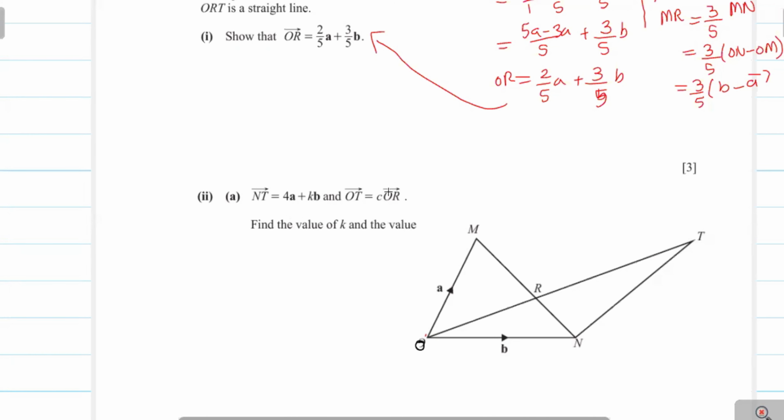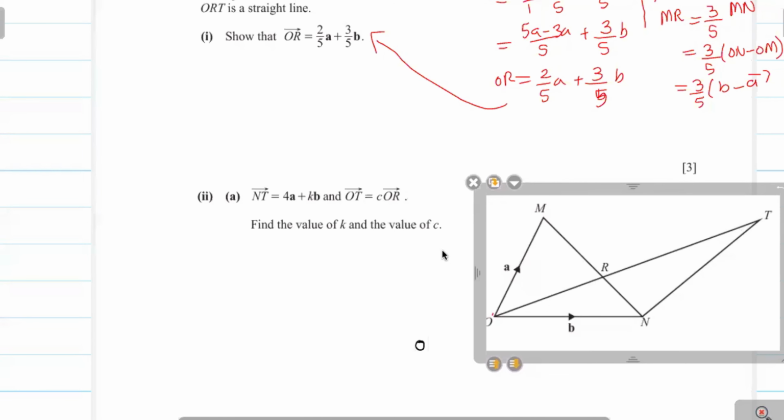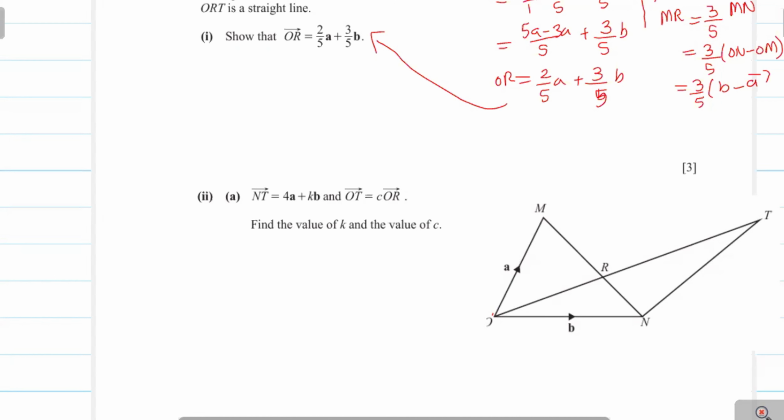And the next part of this question, part second, part A. NT equal to 4a plus kb, OT equal to cOR. Find the value of k and the value of c. You see here, this is the figure. The OT here is equal to cOR, and this OT can also be written as ON plus NT. We write here ON plus NT equal to cOR.